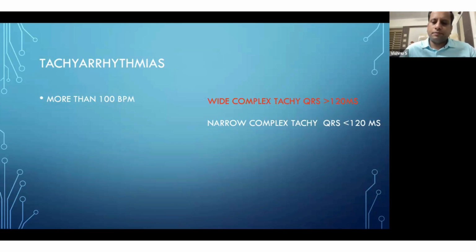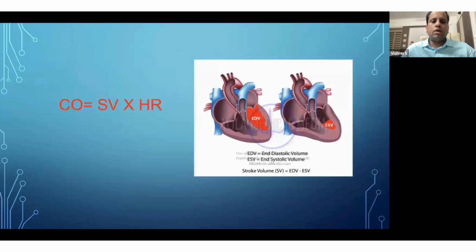First, we'll understand the hemodynamics of tachyarrhythmia symptoms. What are the danger signs of serious tachyarrhythmias? Cardiac output is equal to stroke volume times heart rate. In tachyarrhythmia, the heart rate goes up, and the symptoms depend on how high it is, because the heart fills during diastole.